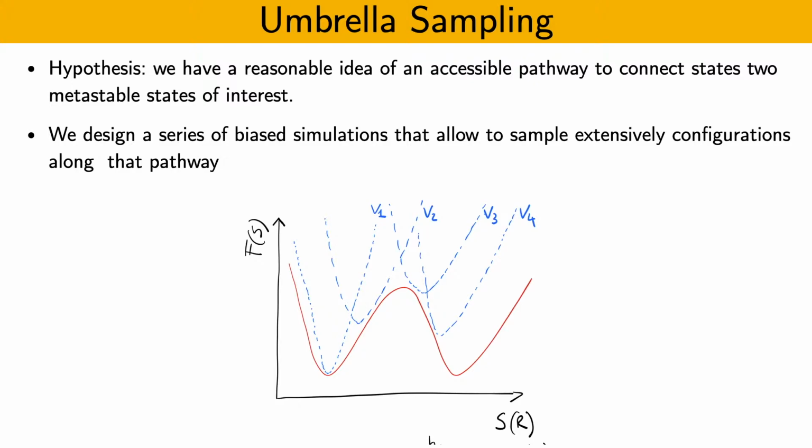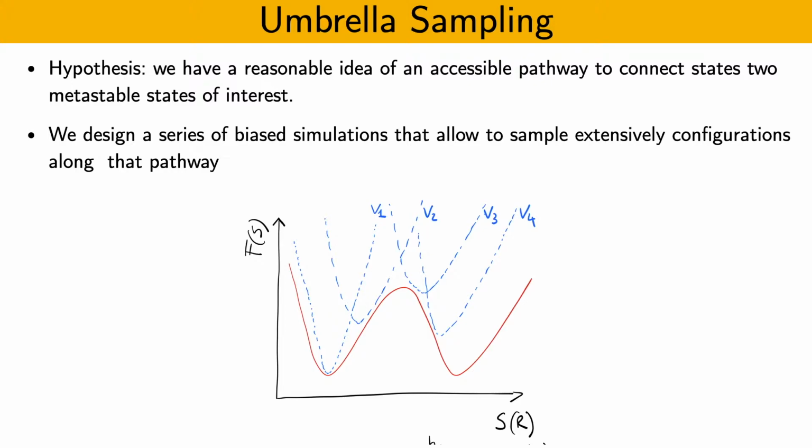And in order to do that, again, here I'm using this qualitative representation of a free energy surface that has two metastable states, and on this free energy surface, on the path that connects these two metastable states in collective variable S, we are defining a number of independent simulations, 1, 2, 3, and 4 in this example, and all these simulations are initialized in a different point of the pathway that connects the two metastable states, and they're subject to a different perturbation.